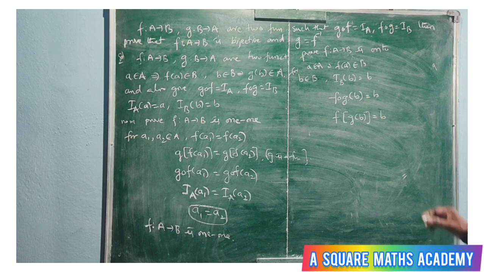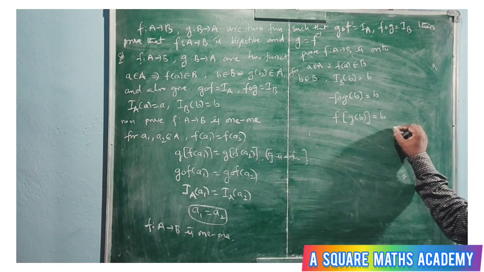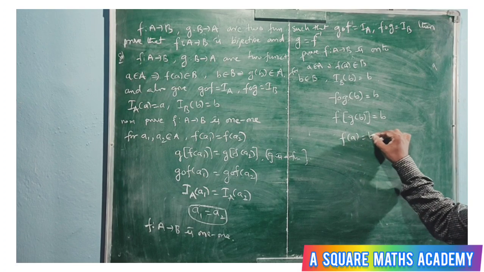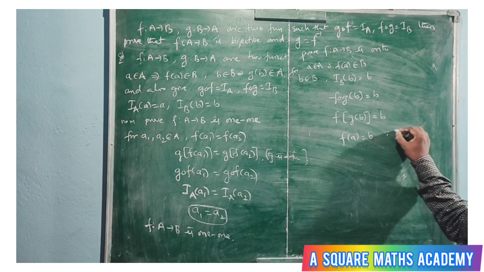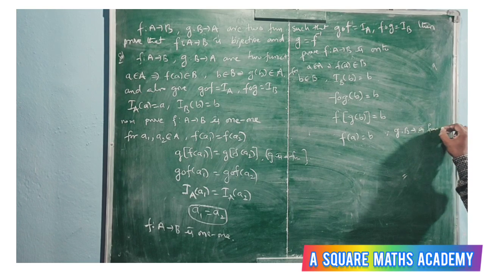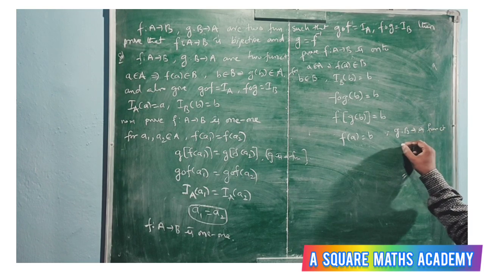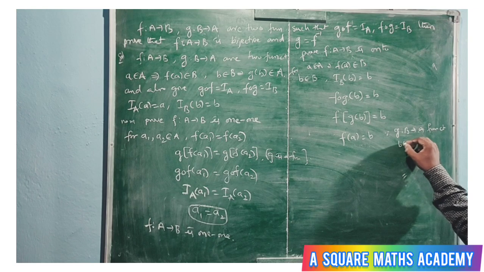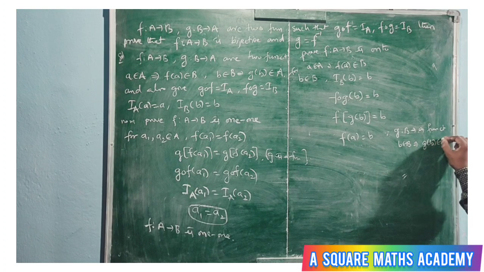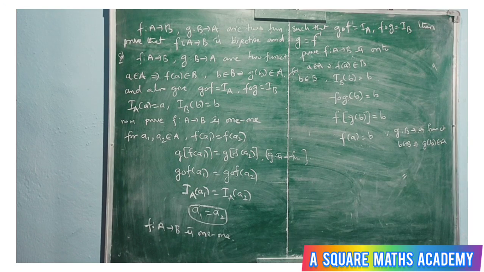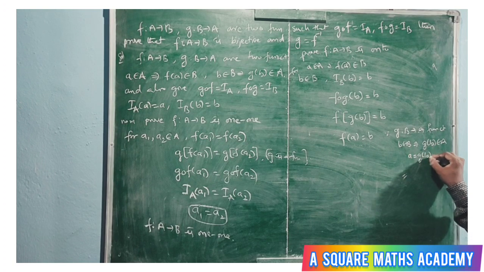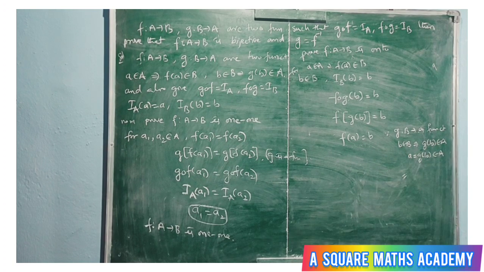Clear? Since here we get f of a equals b, since g: B to A is a function, so that's why what we get here: b belongs to B implies g of b belongs to A. So that's why a equals g of b, which belongs to A, we take here.